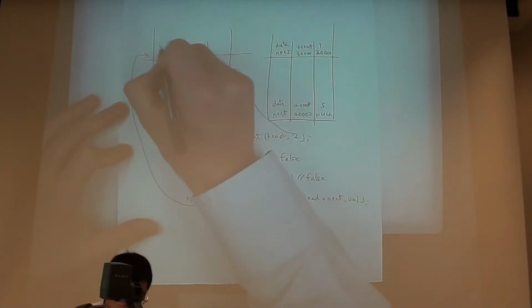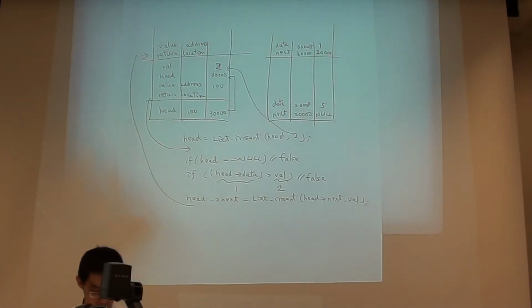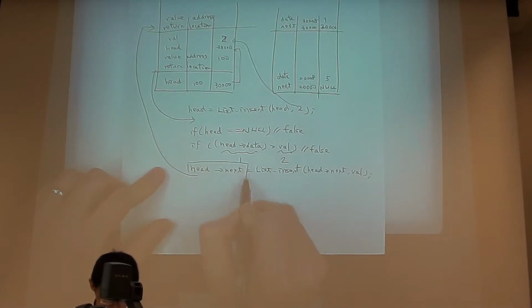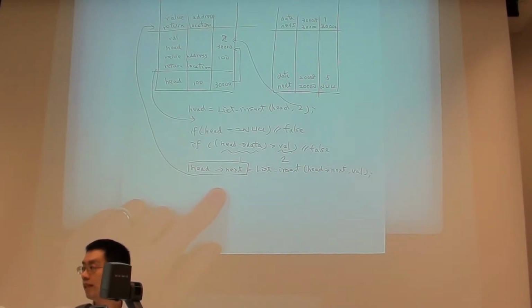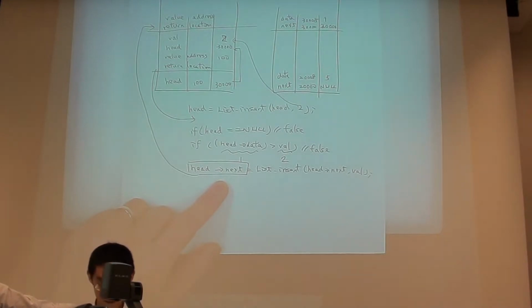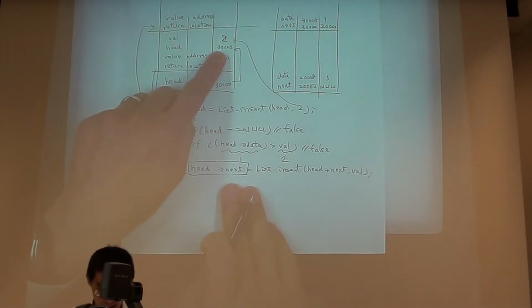And the variable address, what's the address of this? What's the address of this? 3,000. What's the address of this? 20,000? What's head? Head is 30,000. What's head next?